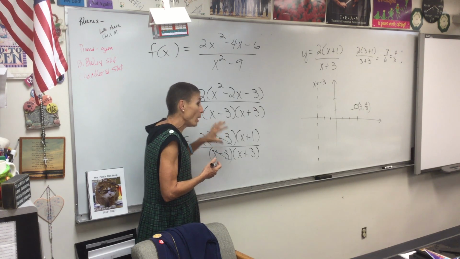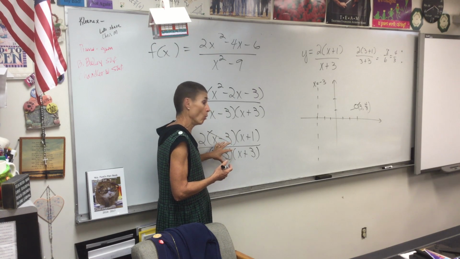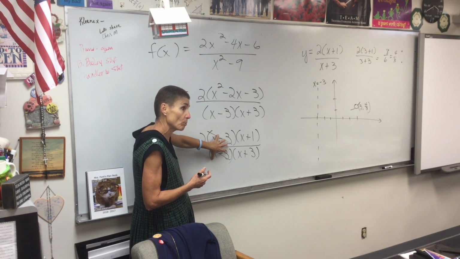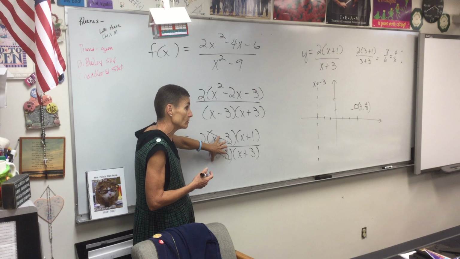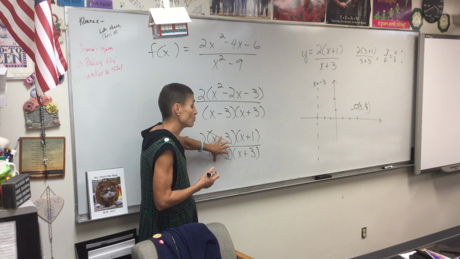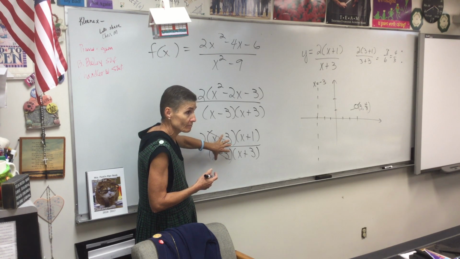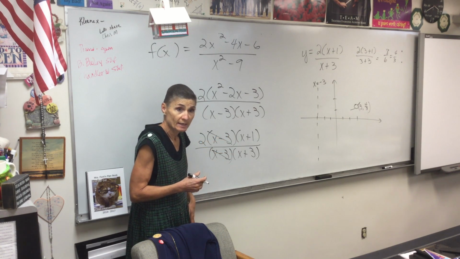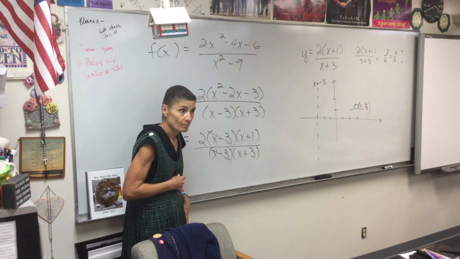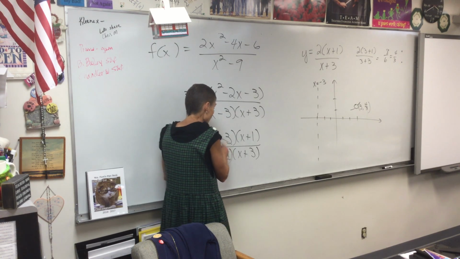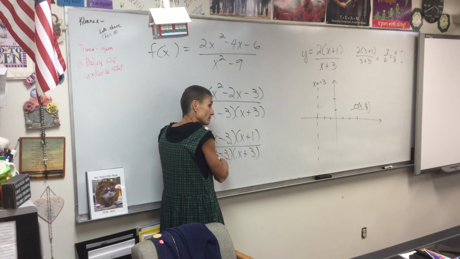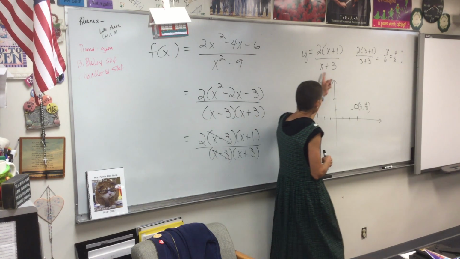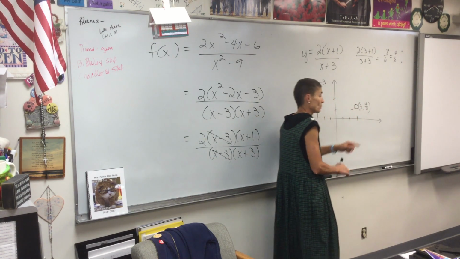The only way then that you can get holes is if what happens in your problem? You cancel. Many problems will not have holes. The only way you can have one is if you can cancel out. And whatever x value you canceled out, you plug it into your new problem to get the y value, and that's where your hole is.